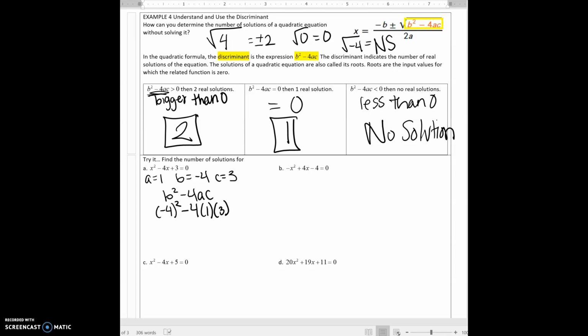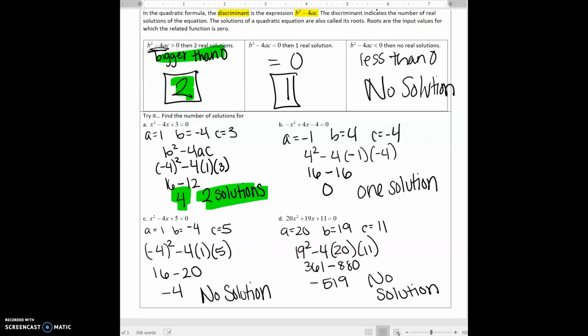And then I'm going to solve that. So 16 minus 4 times 1 is 4, times 3 is 12. 16 minus 12 is 4. This is bigger than 0, so there are two solutions. Go ahead and try the other ones.